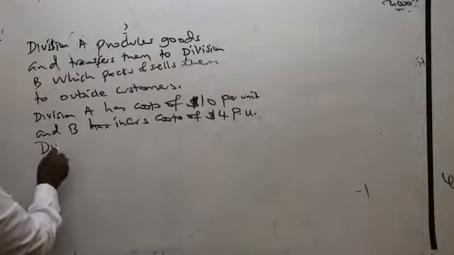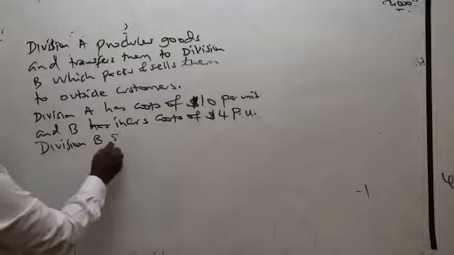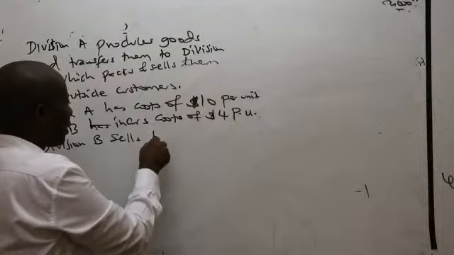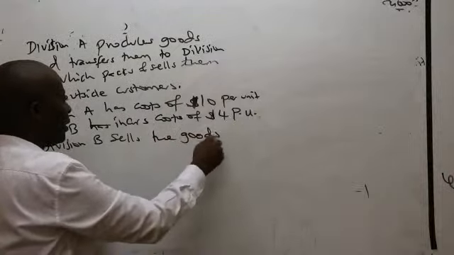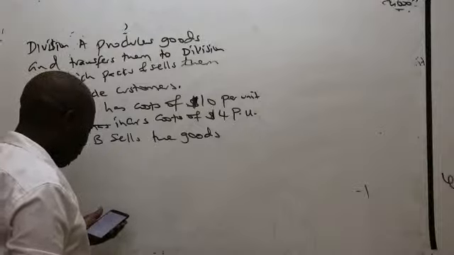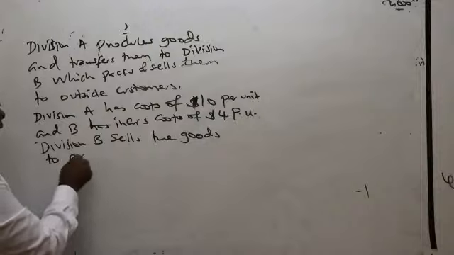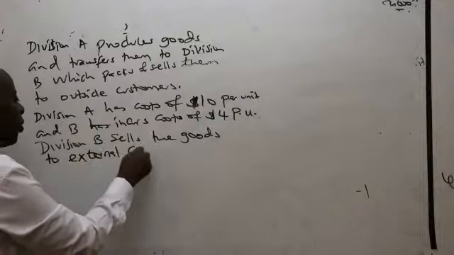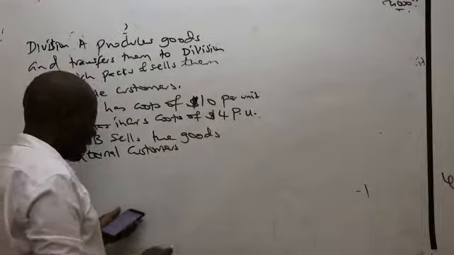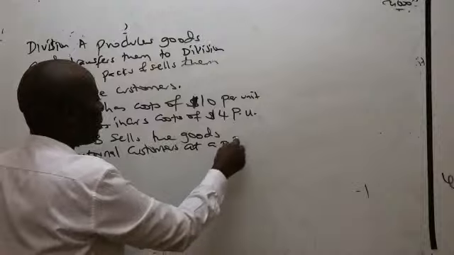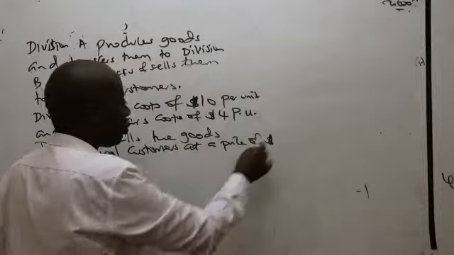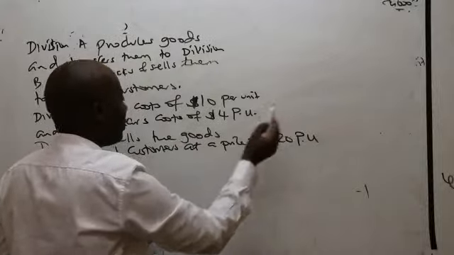Division B sells the goods to external customers at a price of $20 per unit, that is.